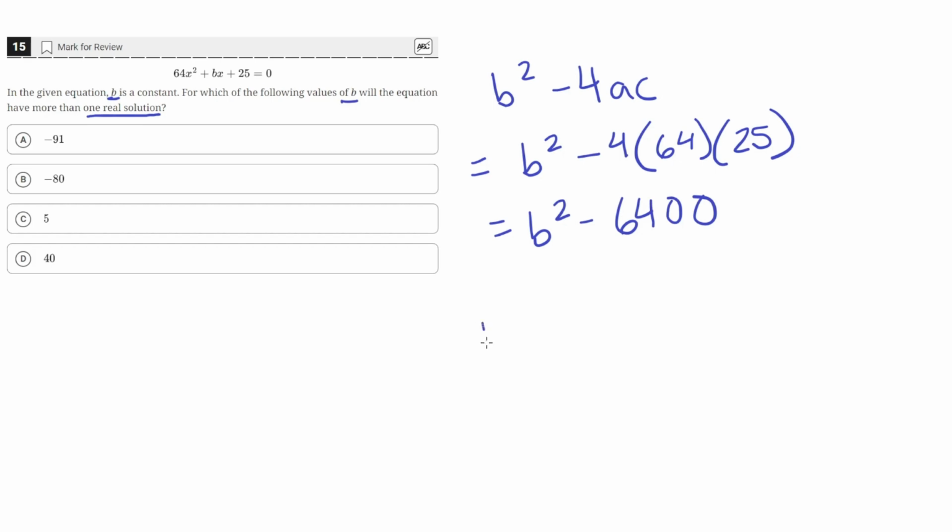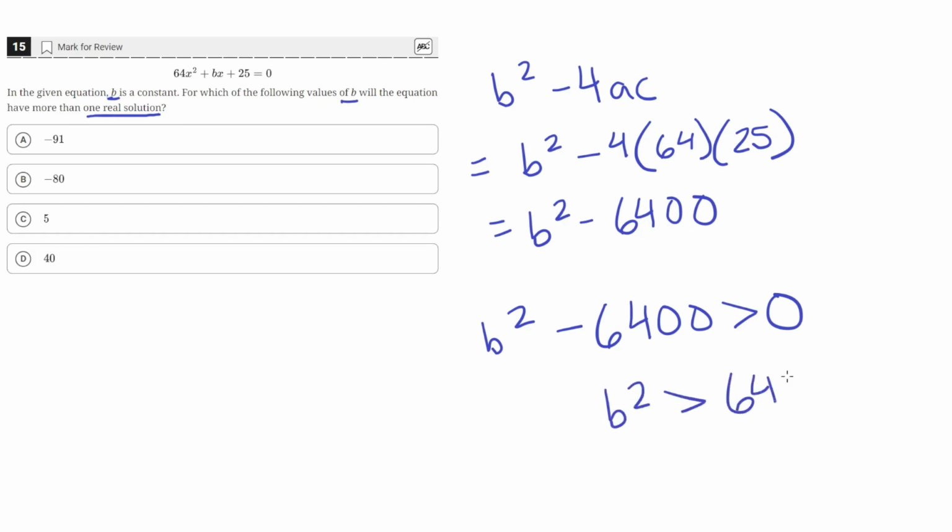And a quadratic has two solutions when the discriminant is greater than 0. So in this case, when b squared is greater than 6400. And there are two possible solutions for b, when b is greater than 80 or when b is less than negative 80.